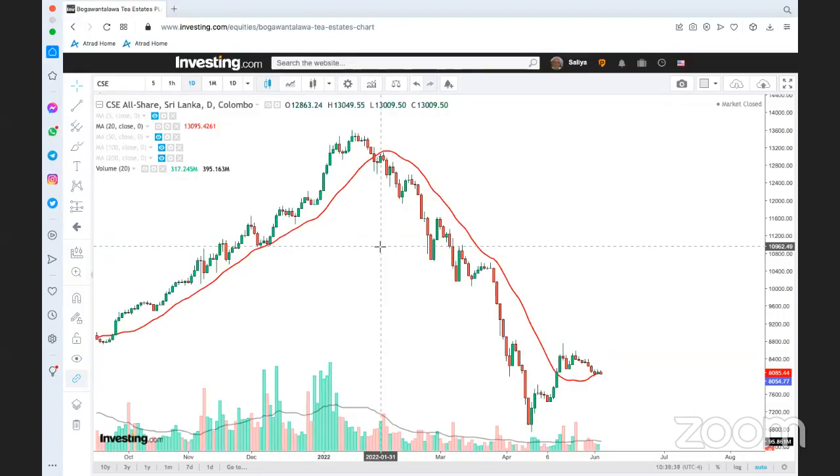So if we have taken a buy and hold strategy, then we don't need to worry about the present fluctuations or the short-term fluctuations.